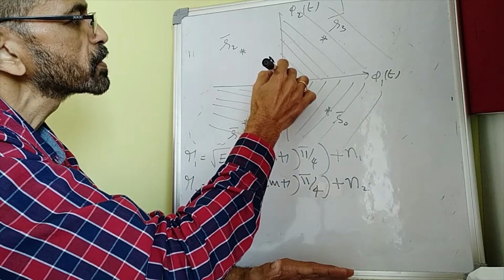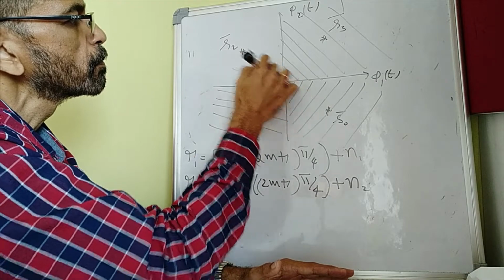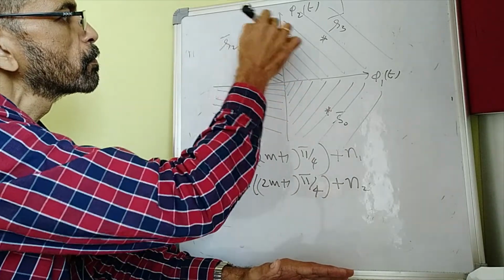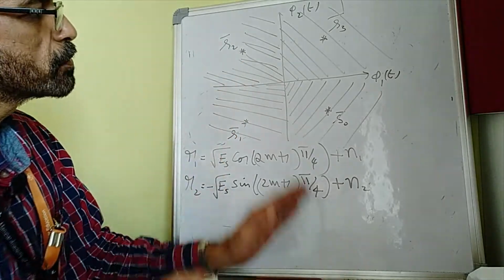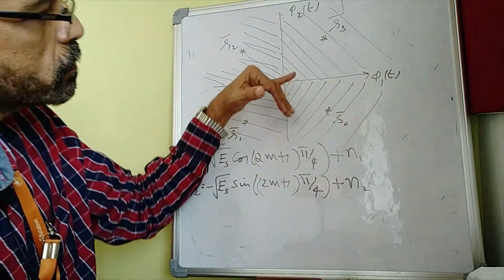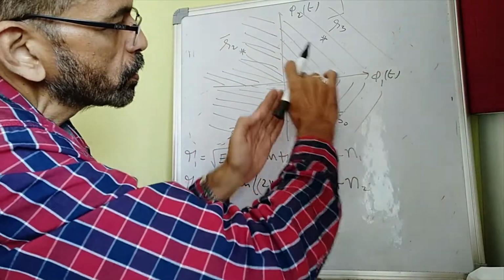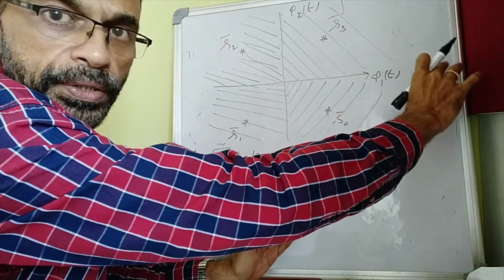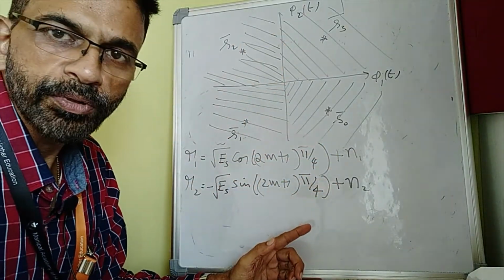I will shade them in different ways. Now this region, that is this quadrant, all the points in this quadrant are closer to S0 than other signal points.